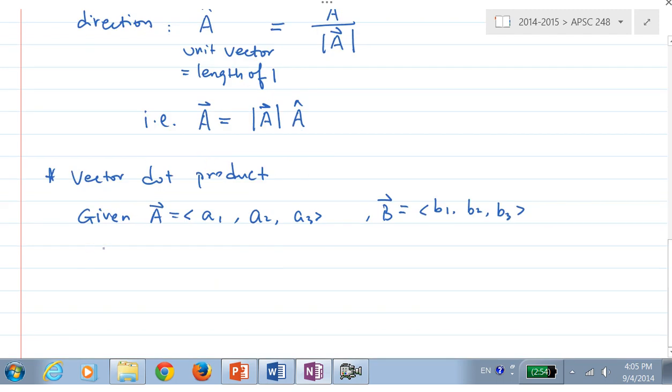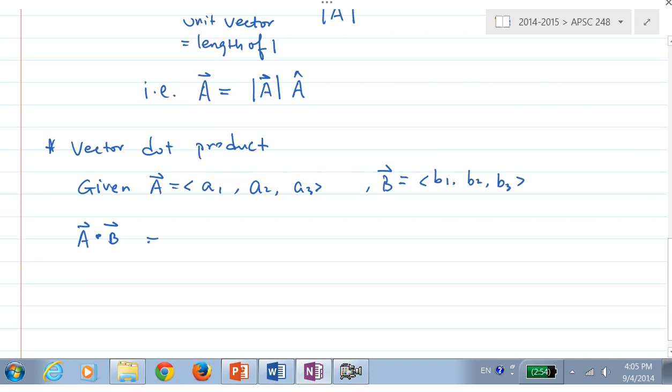Sometimes we call it inner product or scalar product. Then A dot B, so write a solid point here. The definition is this. In short, it's this.